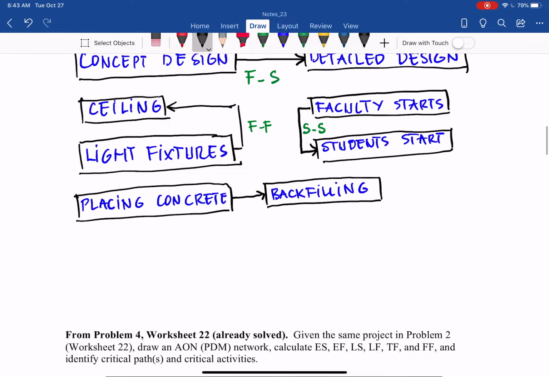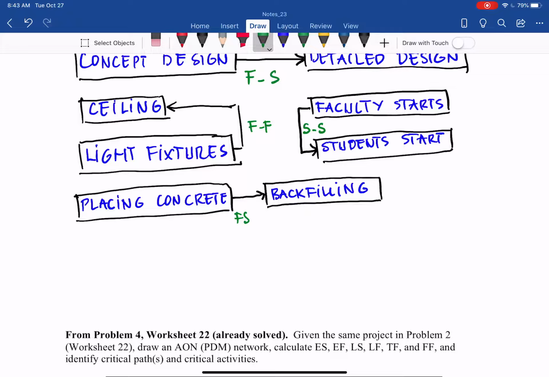However, if we only put the finish-start alone in this relationship, there's some trouble in here. Finish-start means I can start backfilling immediately after placing concrete. Can we do that? When you place concrete, it still is fresh, like a fluid.